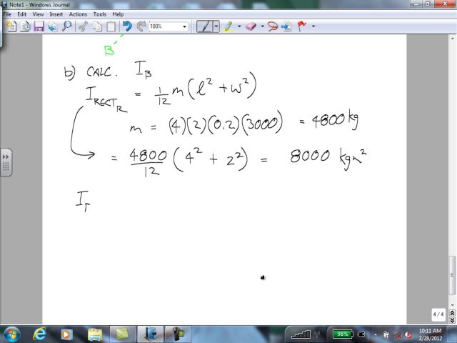What are the units for moment of inertia? Kilogram meter squared, yep.